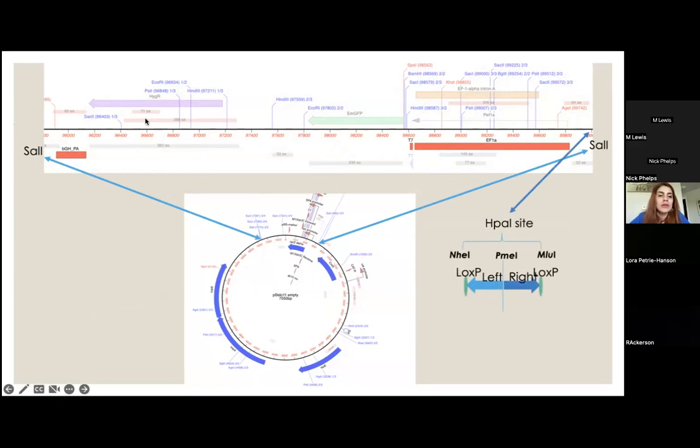And we then cloned the two homology arms to the AciHV-2 genome using the HpaI site to be able to form the viral BAC by homologous recombination. And I'll show you where the homology arms are located within the genome of the virus in just a second. We also inserted this loxP system in the site to be able to excise the BAC vector surrounding the viral genome if we desire after we mutate the virus.